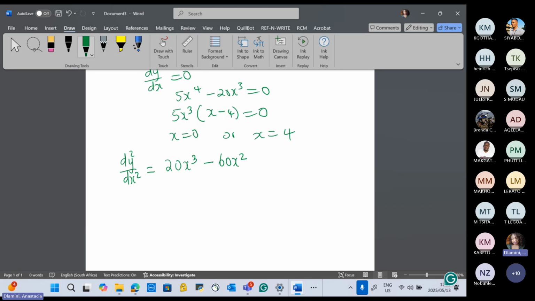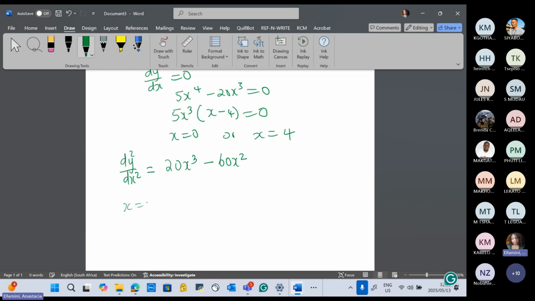The first step is to find values of x for where the maximum or minimum lies. The second step is to check those values of x, whether they give me a maximum or minimum value. And the only way to check that is finding the second derivative. So find the second derivative and substitute.